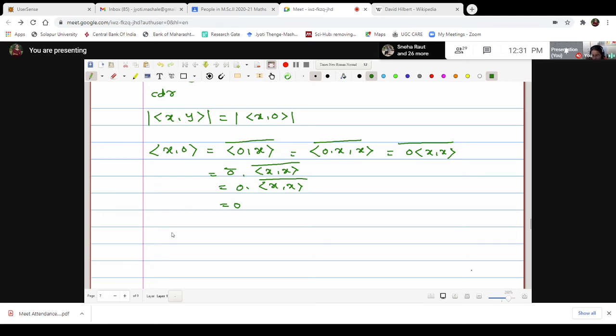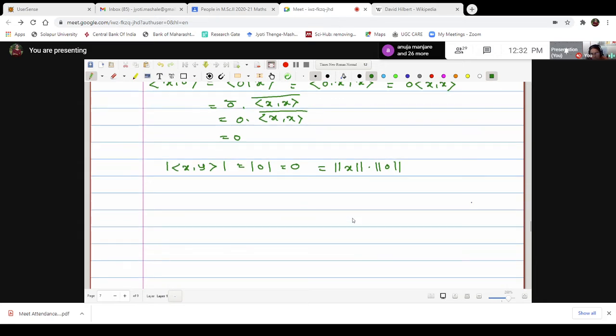Then the value of the inner product in the modulus itself is 0, which I can write as equal to norm x into norm 0. Therefore, instead of less than or equal, we have proved equality. Therefore, the Cauchy-Schwarz inequality holds for the first case of y equal to 0.